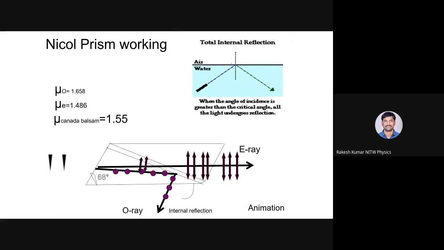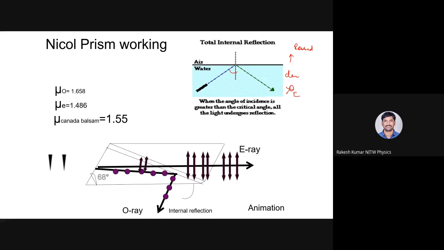Total internal reflection: when light passes from a higher refractive index medium, a denser medium, to a rarer medium, and you keep changing the angle, at one particular angle, called the critical angle, if your angle of incidence is greater than the critical angle, the light will be internally reflected back into the same medium.